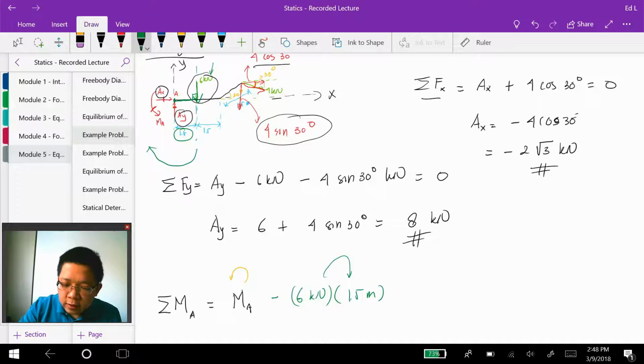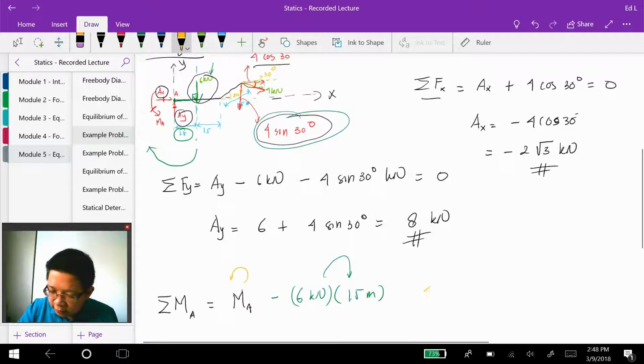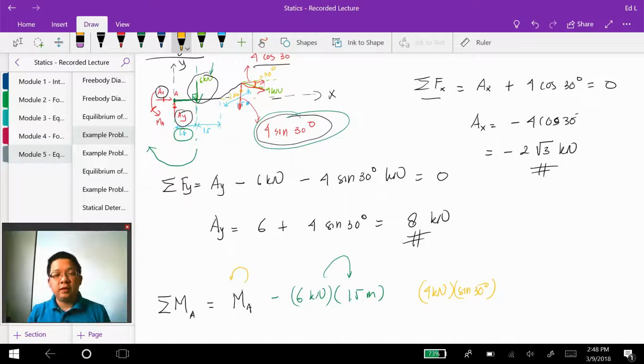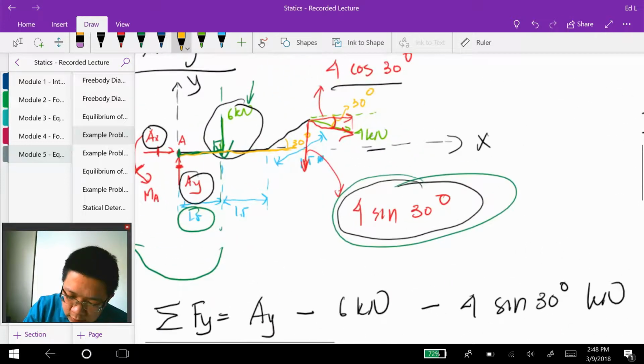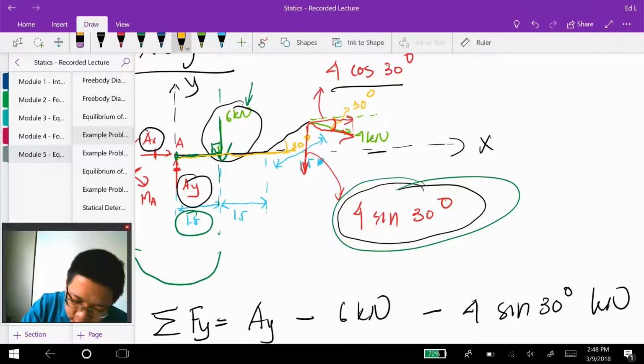So let's do the y component of the 4 kilonewton force. Here we have 4 kilonewton times sine 30 degree, the y component of the 4 kilonewton force, multiplied by the moment arm, which is the distance that I underline in yellow right here.